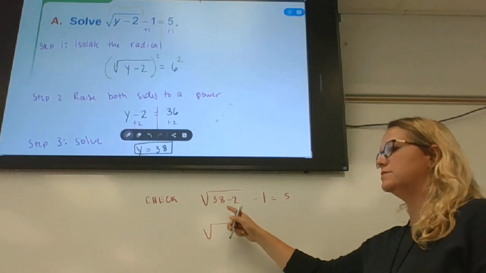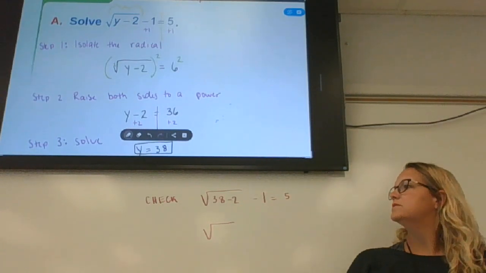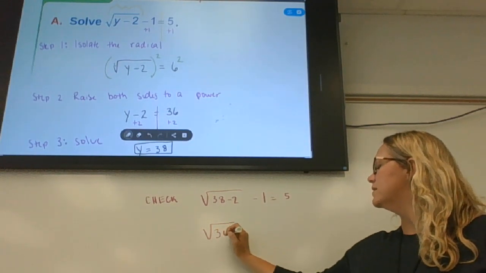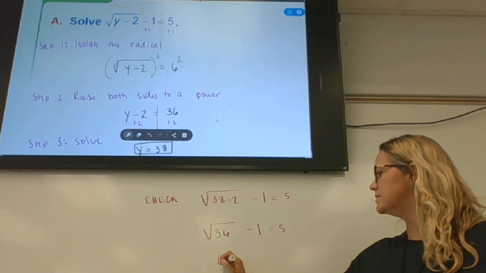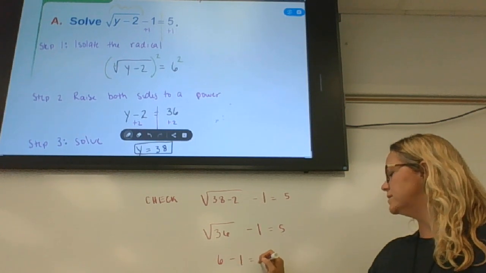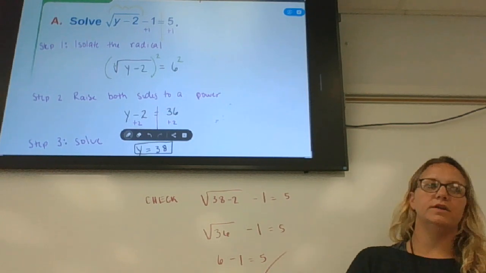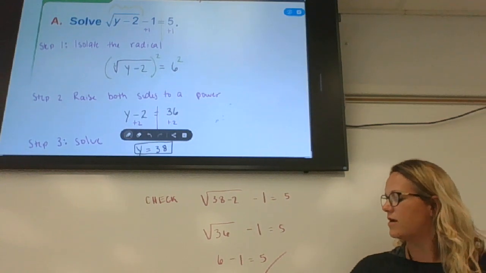And then I will simplify. So go back to the original problem, plug in your result. The square root of 36 is 6 minus 1. It all checks out, so this is a good solution. It's non-extraneous.